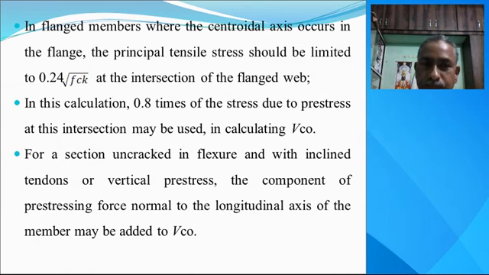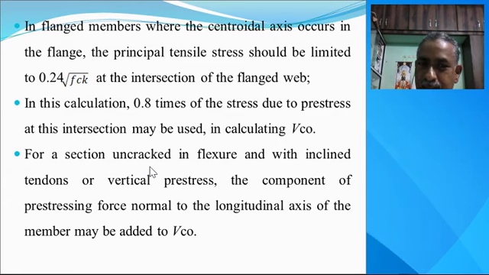Now in a flanged section, where the centroidal axis occurs in the flange, the principal tensile stress should be limited to 0.24 root fck, as we discussed in the last slide, at the intersection of the flange and web. In this calculation, 0.8 times the stress due to prestress at this intersection may be used in calculating VCO.